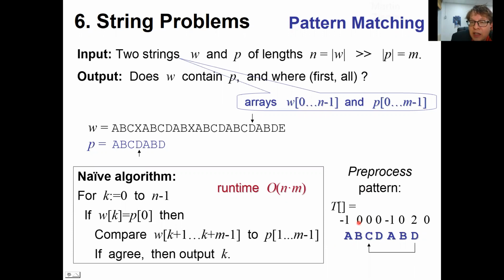0 indicates that when there's a disagreement at this position, then start over with the index in the pattern reset to the beginning.